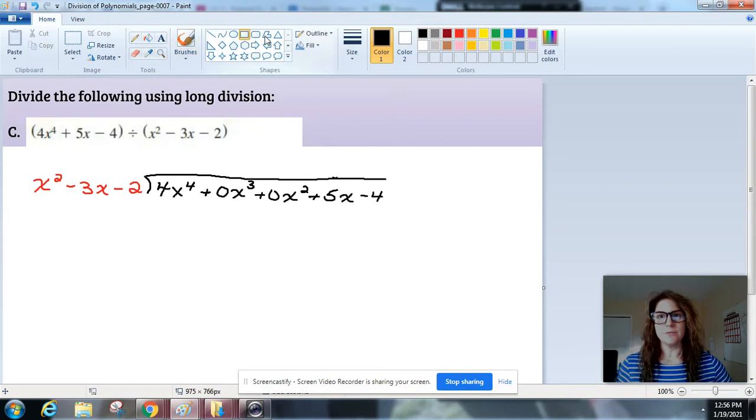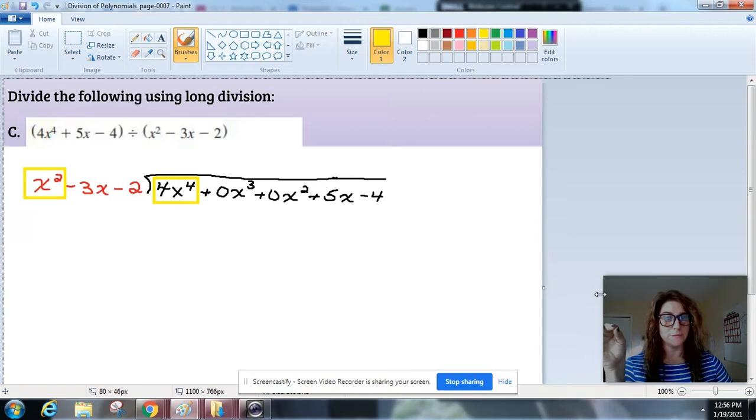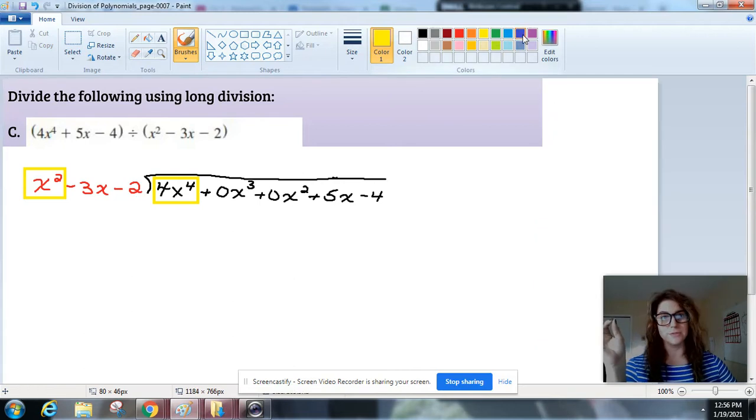Okay, so as we go through this, you are going to constantly be looking at this first term. And you're always going to ask yourself, what do I have to multiply that first term in the divisor by to get the first term in the dividend? So if I extend this out to do some side work, I have an x squared, that's my divisor.